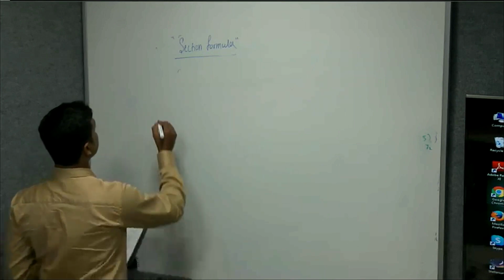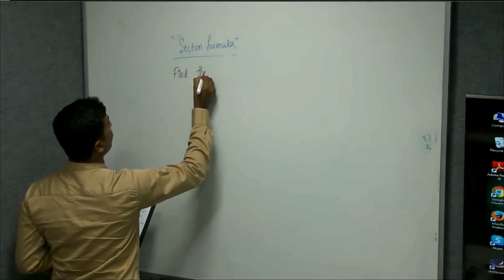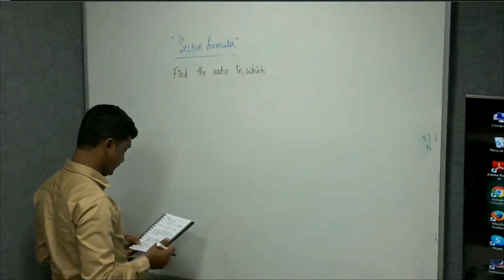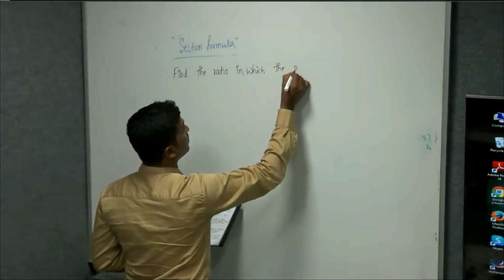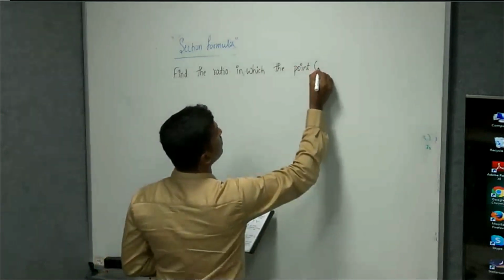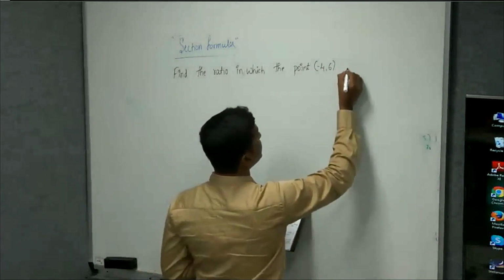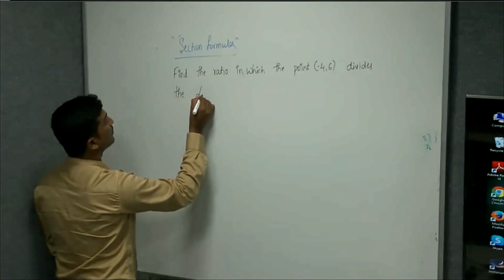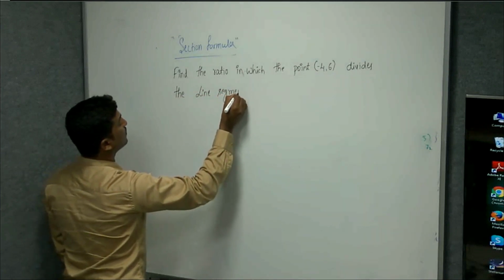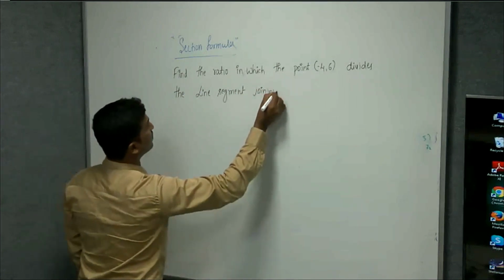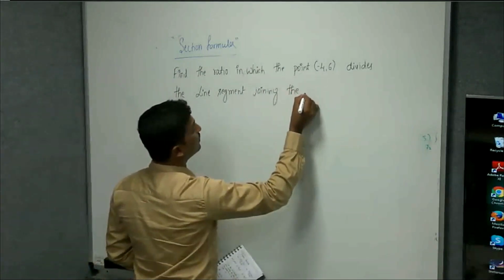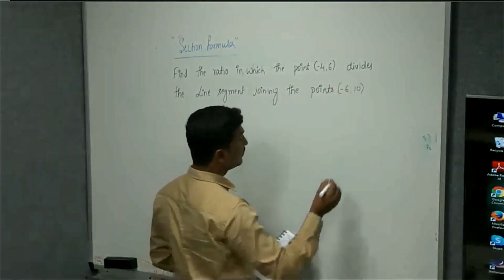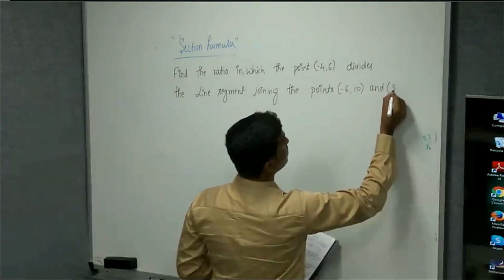Find the ratio in which the point minus 4 comma 6 divides the line segment joining the points minus 6 comma 10 and 3 comma minus 8.